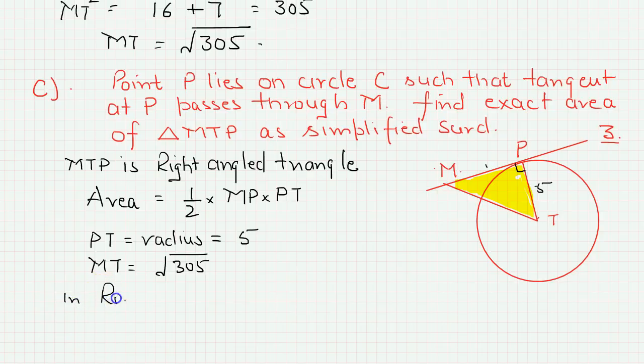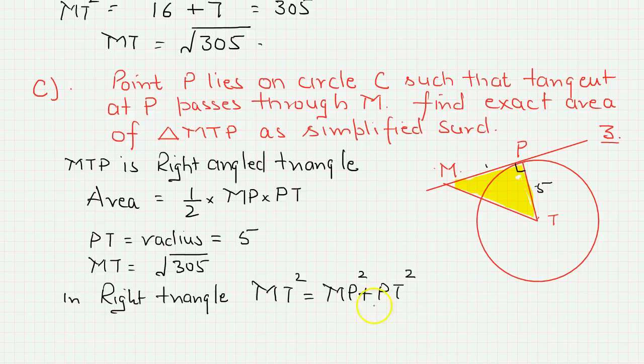In the right triangle, we are going to use the Pythagoras theorem. MT square is equal to MP square plus PT square. So MT is root 305, so MT square is 305, which is equal to MP square plus PT square, which is 5 square. We need MP square to find the area.